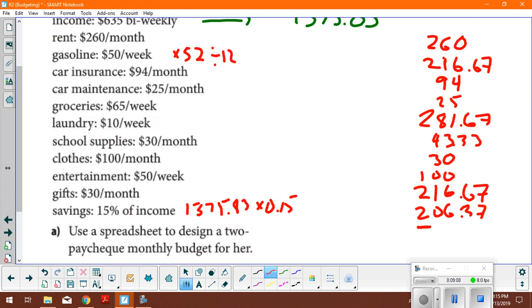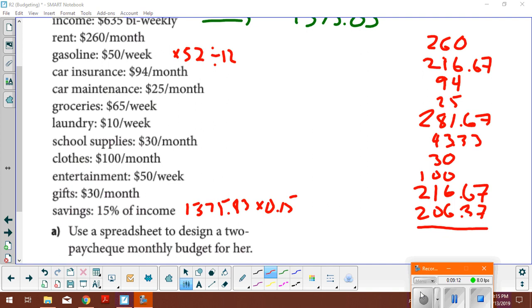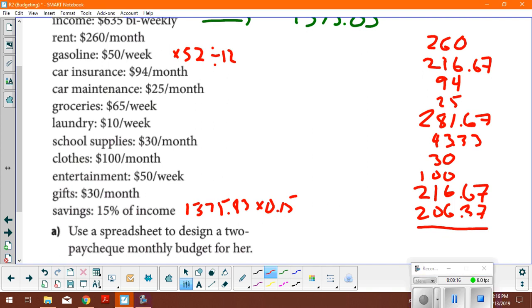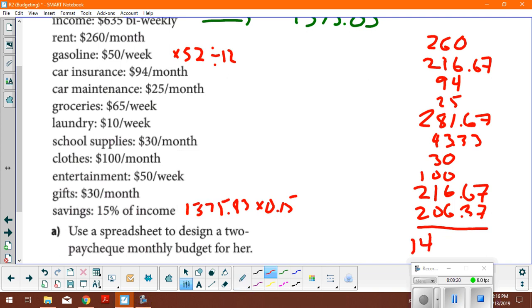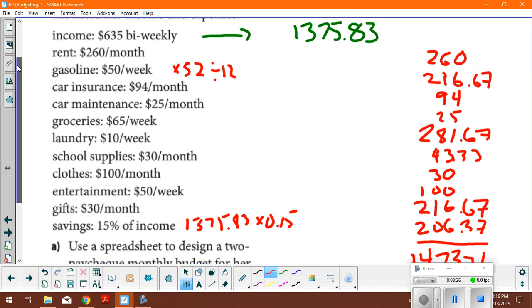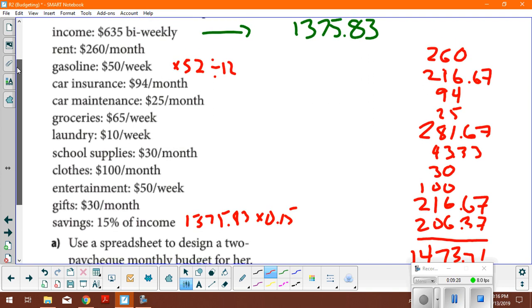total of our expenses is going to be. So that comes to $1,473.71. So based on this budget, we are currently in the hole, right, about $100.